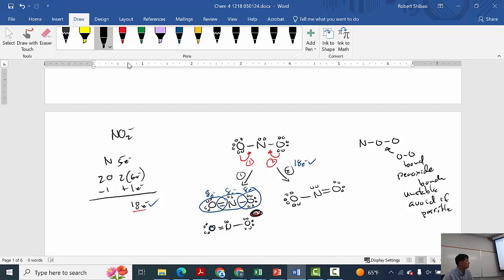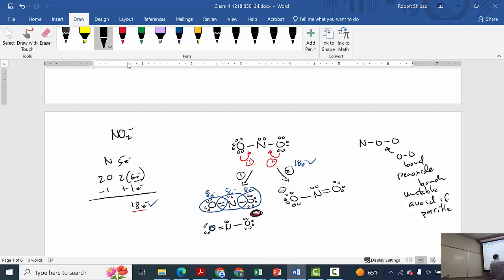What's the formal charge on this first oxygen? It ends up with 7 electrons. 1, 2, 3, 4, 5, 6, 7. It donated 6. Therefore, this is going to be minus. Nitrogen, 0. Oxygen, 0.